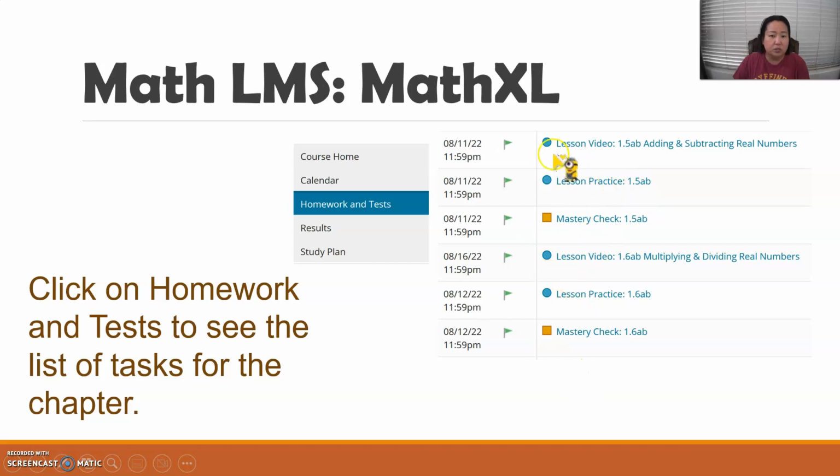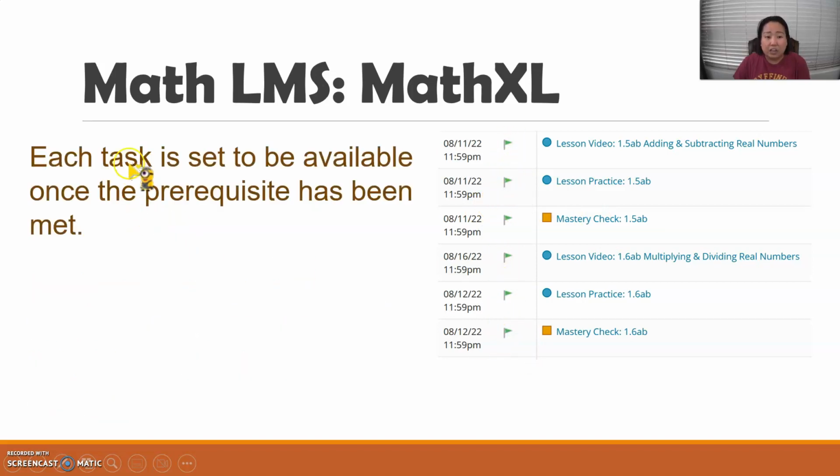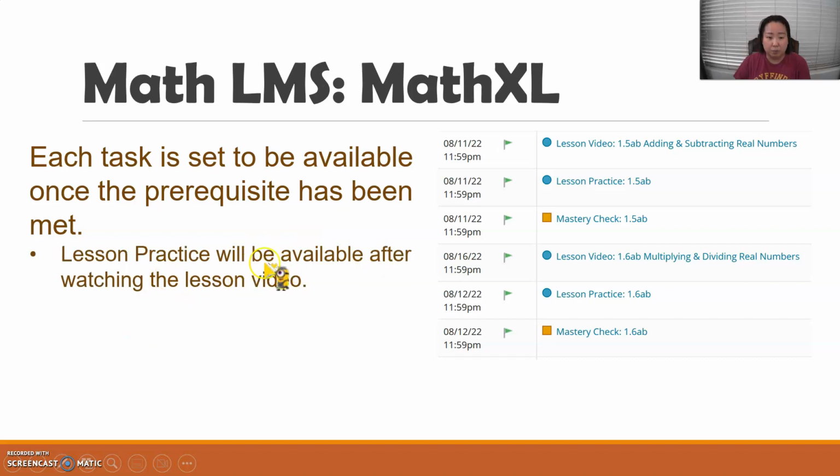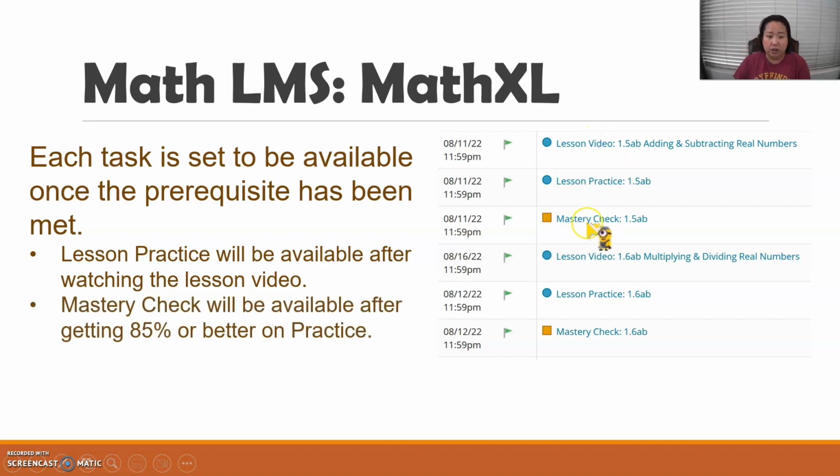As you can see, you start with a video, a practice, and a mastery check. You will see that there are flags in there. Why are there flags? Each task is set to be available once the prerequisite has been met, meaning the lesson practice will only be available if you have done the video already. The mastery check will only be available if you have reached 85% or better on your lesson practice.